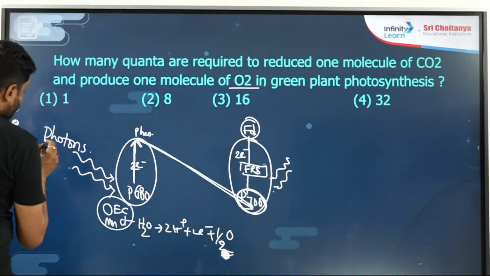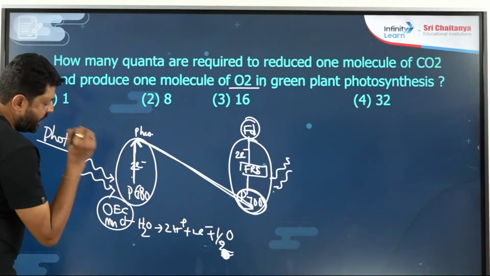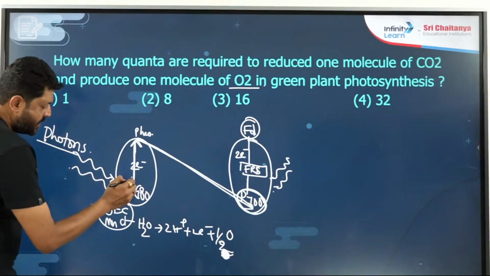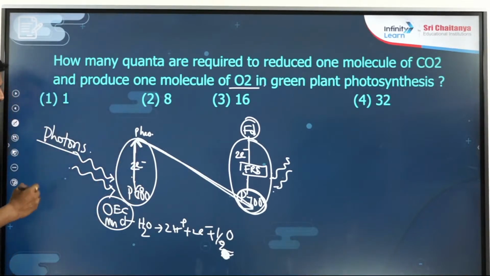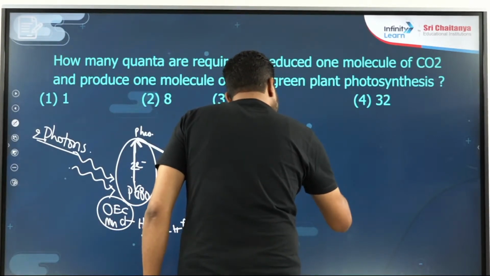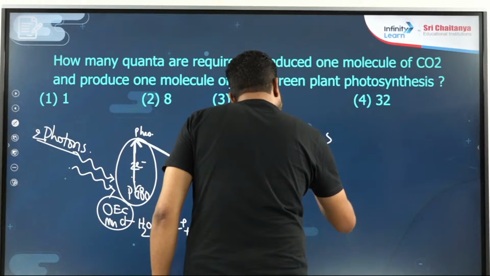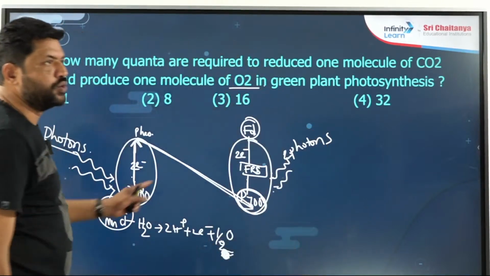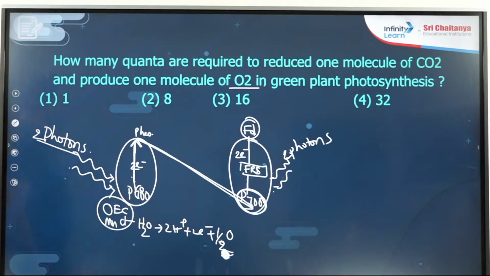Clear? One photon of light excites one electron. Here, for excitation of two electrons, two photons of light are required. For 2 plus 2, that is 4 photons of light.